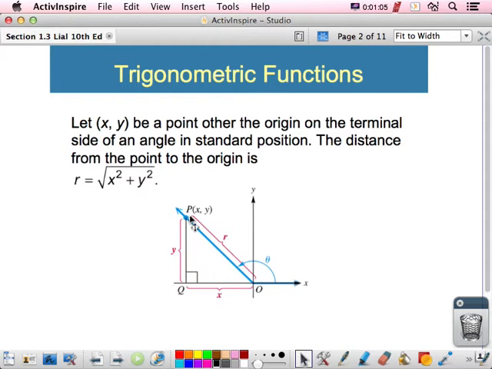You're going to diagram that point kind of as here. So if we put that point out here at the x, y, you are going to draw a right triangle down to the x-axis. So you go to the closest x-axis perpendicularly, and that forms a right triangle.